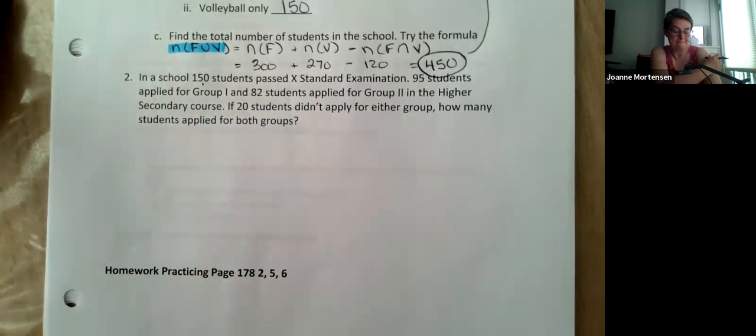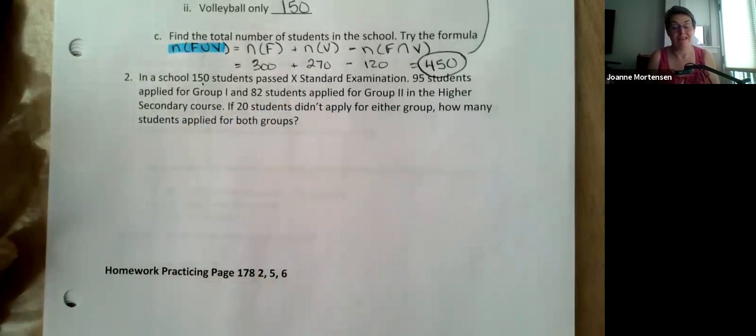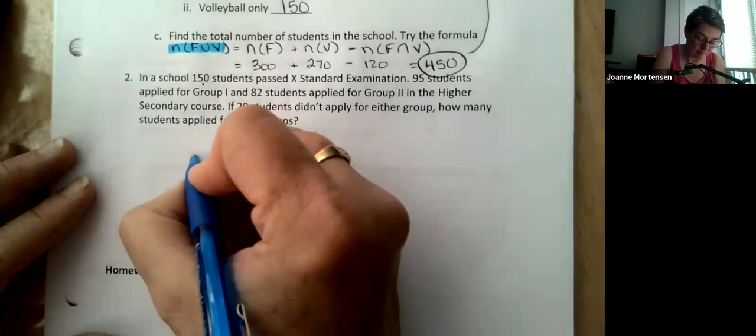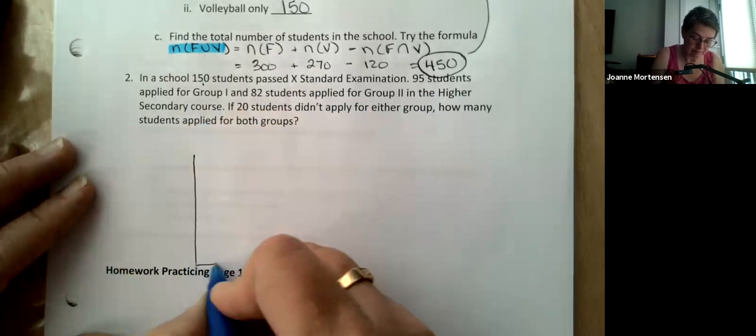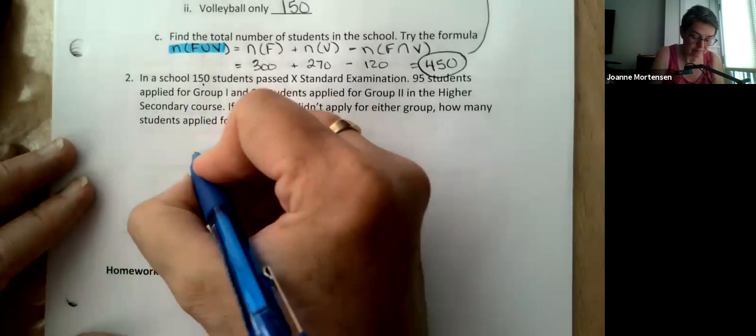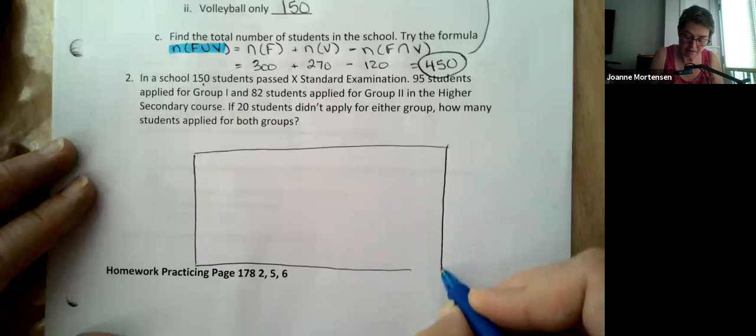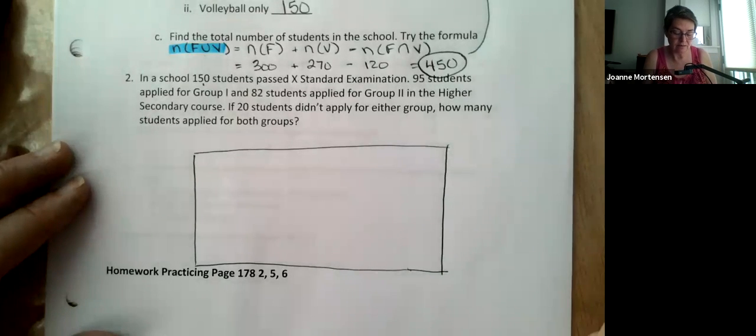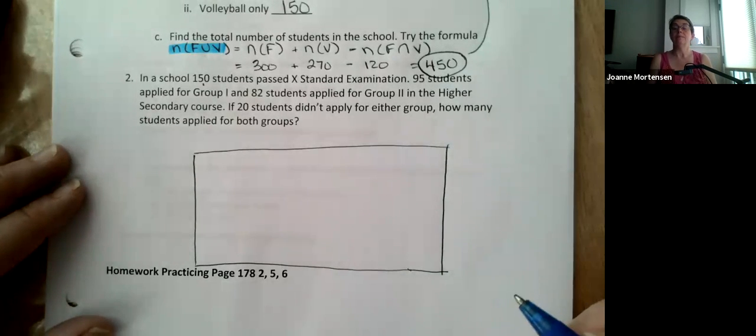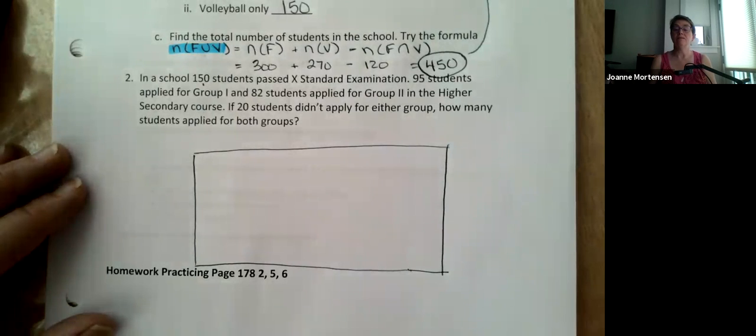Gonna do my Venn diagram. I'm gonna make it bigger just because I feel like it's making stuff squishy. You know what? I would like you to pause the video. See how, do it yourself. Let's see if we get the same answer.